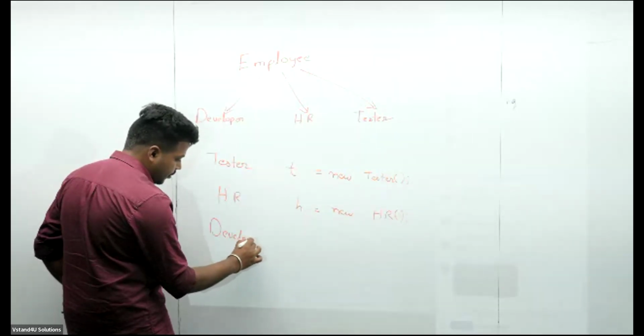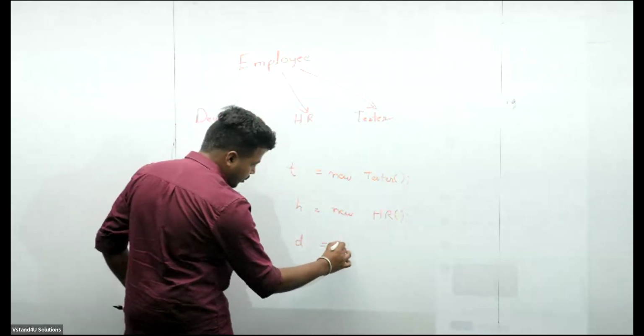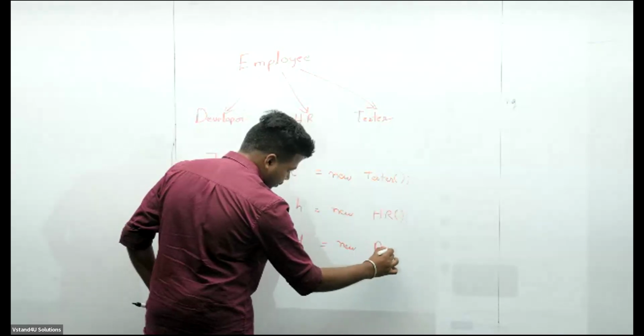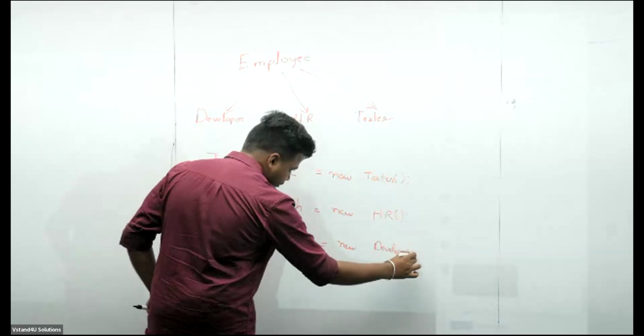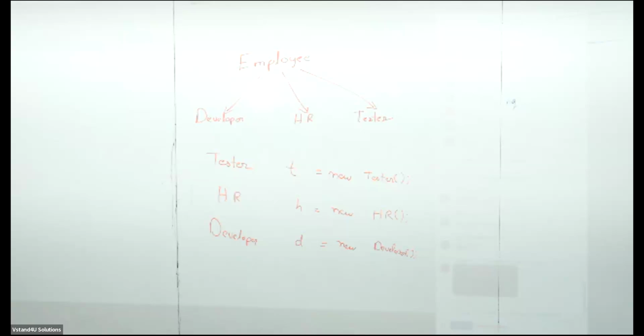Developer D is equals to new. What I'm doing there, creating a single object, right? Creating a single object. Now observe this one.